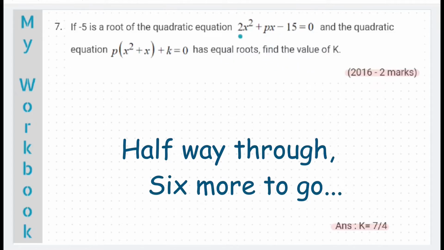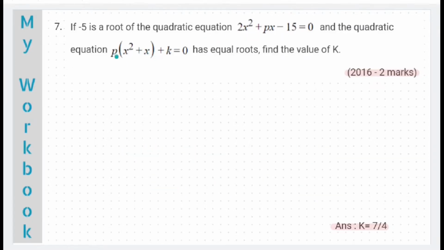Now there are two different quadratic equations and the term p is appearing in both. We have been asked to find the value of k. So let's first solve for p from the first condition.